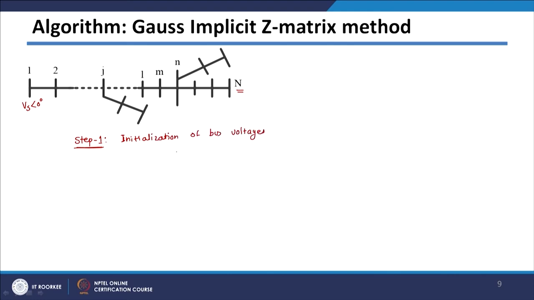So we can say Vj at 0th iteration will be equal to Vs angle 0 degree, and this is for j going from 2, 3 up to n, meaning all buses will be initialized with voltage Vs angle 0 degree in the first step.